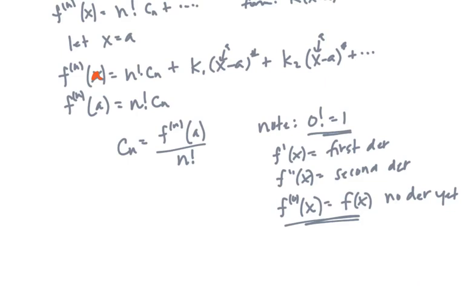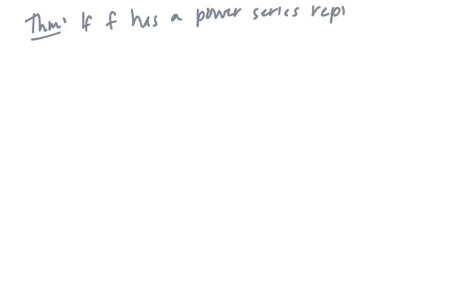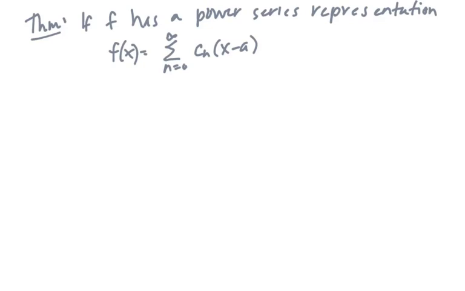So that leads us into the theorem that we need to look at. And this is a theorem. And it says if f has a power series representation, f of x equals the series from n equals 0 to infinity of c sub n times x minus a to the n. Power series representation, they actually say at a because it's centered at a.